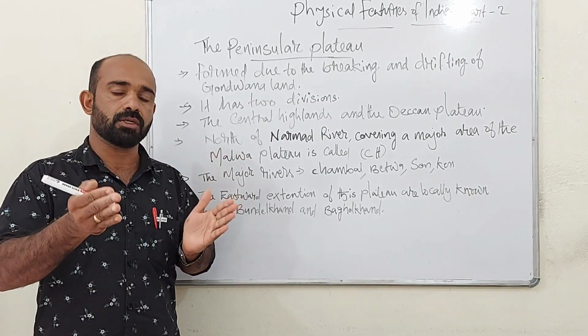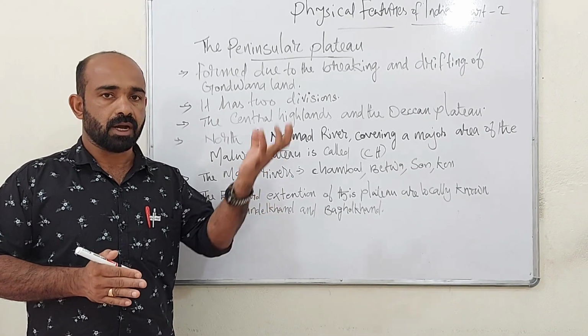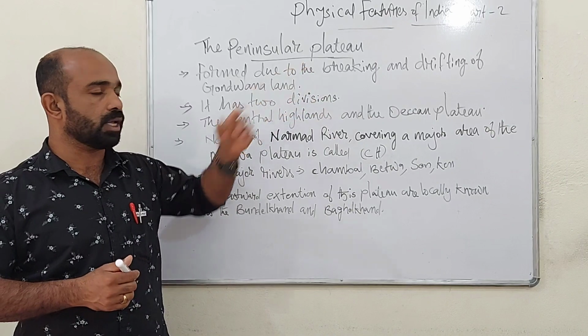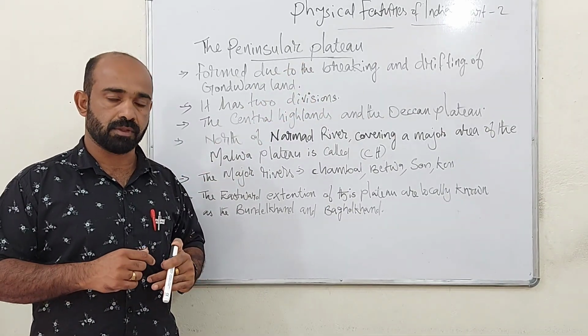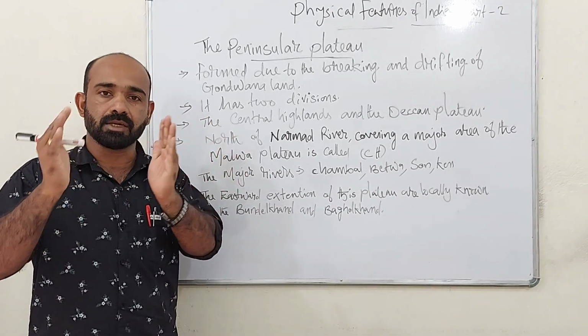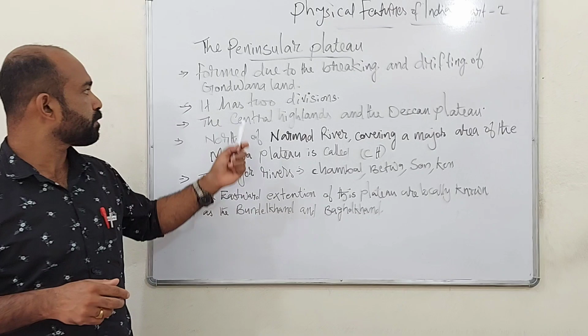And that is called the drifting of Gondwana land and merging with the Eurasian plate. And because of that only the peninsular plateau formed.